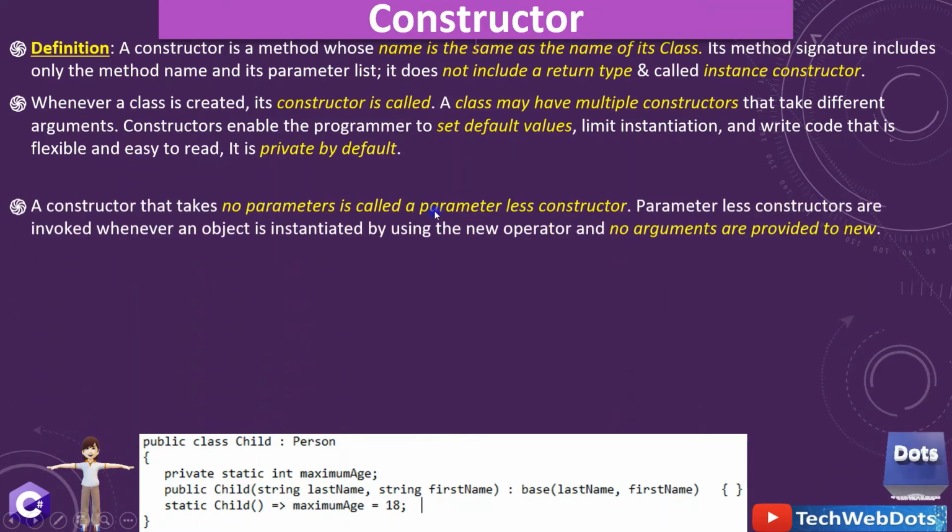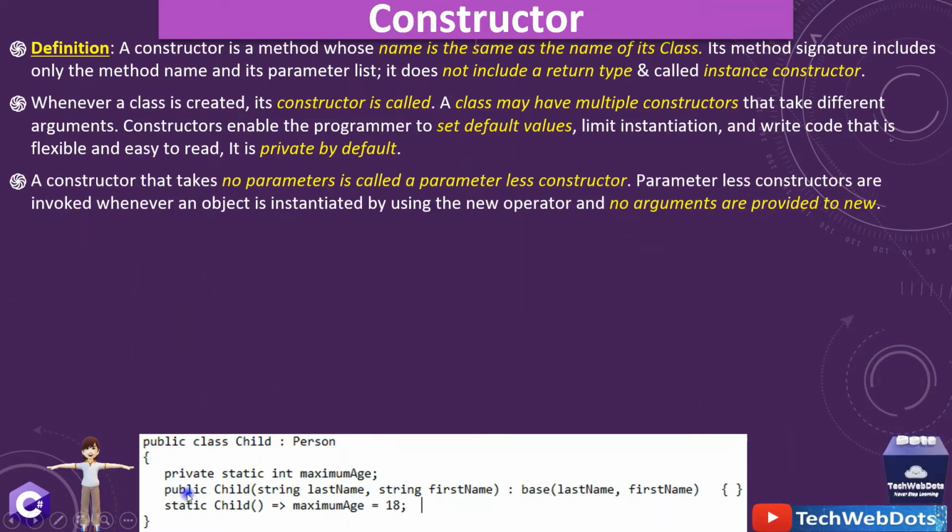It is private by default, because if there is no access specifier, it means it is private. Otherwise, if we specify public, then it is available to all to create the instance. A constructor that takes no parameter is called a parameterless constructor, and parameterless constructors are invoked whenever an object is instantiated by using the new operator and no arguments are provided.